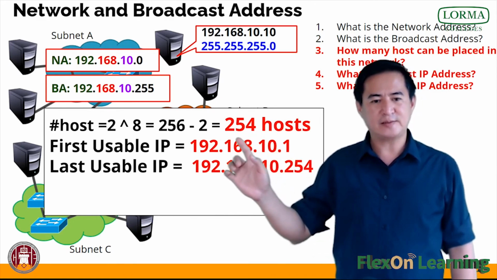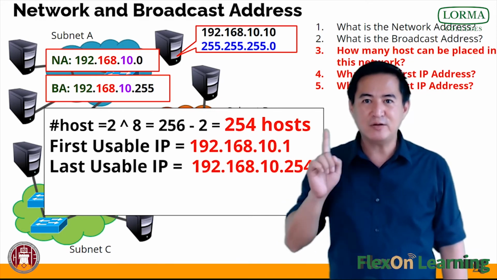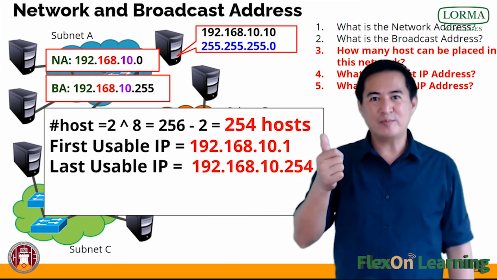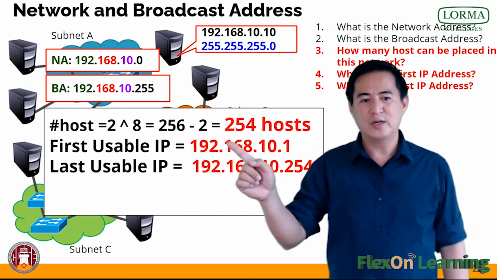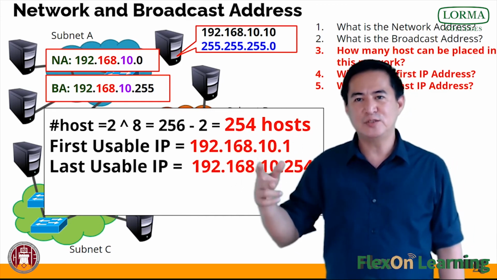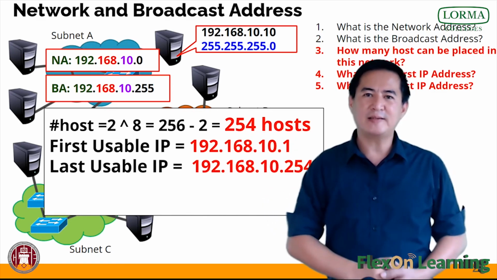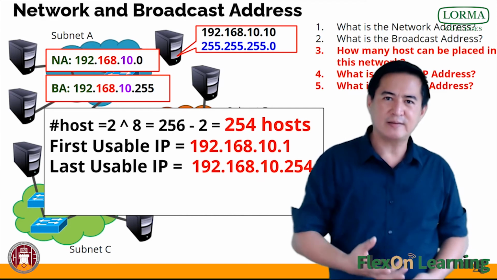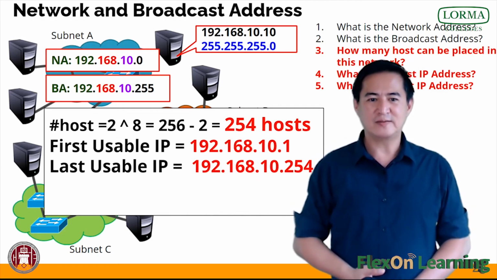So that is 2 raised to 8, that will give you 256, minus 2, because we have to remove the 2 addresses, which are the network and the broadcast. Those are not part of the usable IP. Therefore, the total number of IP addresses that you could assign to hosts will be 254 all in all, right?